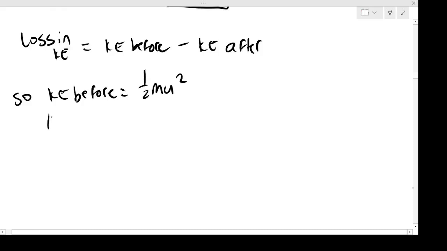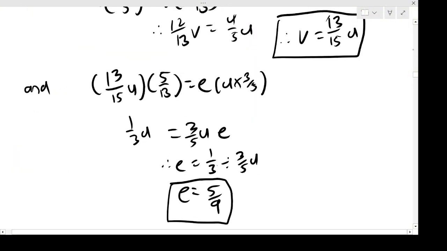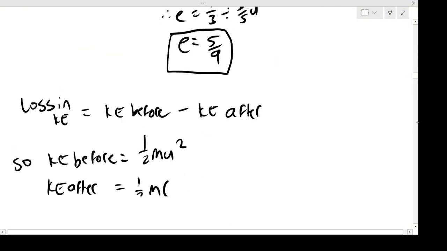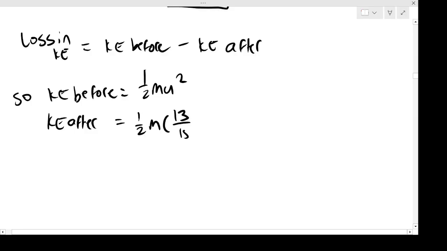And then the kinetic energy afterwards is going to be a half of mass m, and the speed afterwards is 13/15 u. So we're going to square that, and so this will simplify to 169/450 mu squared. And so there we are.